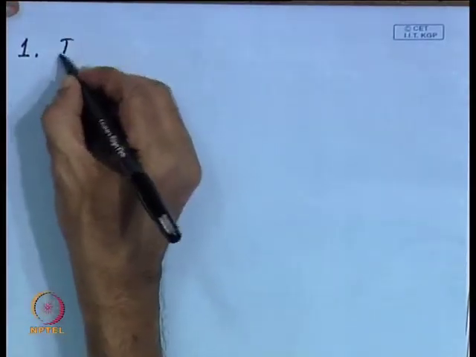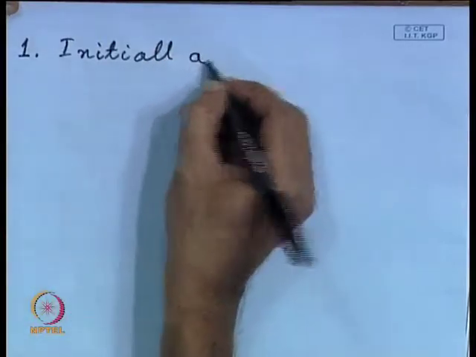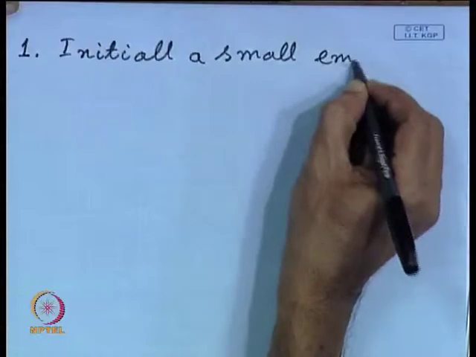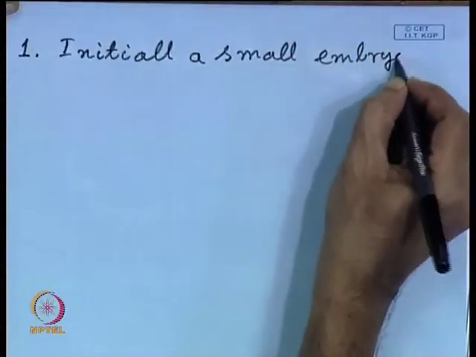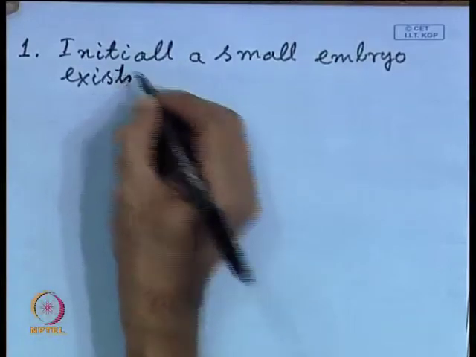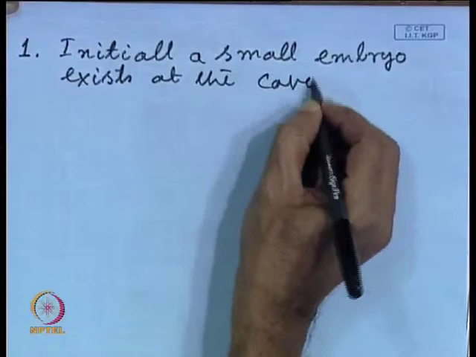So, if we see these steps by which the phenomenon is occurring, initially a small embryo exists at the cavity.